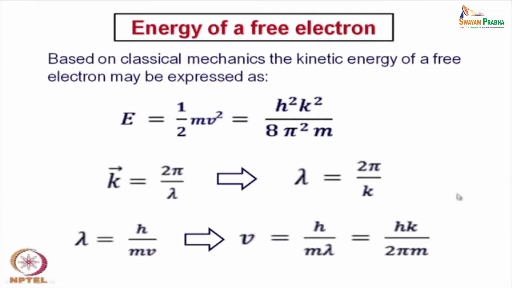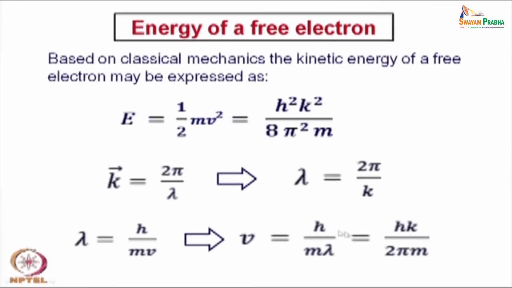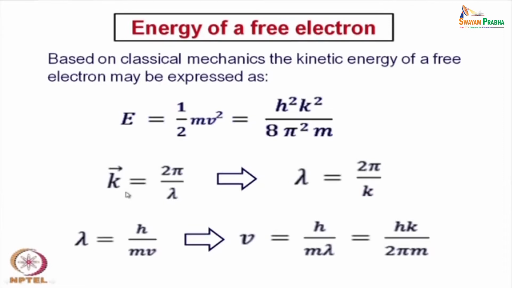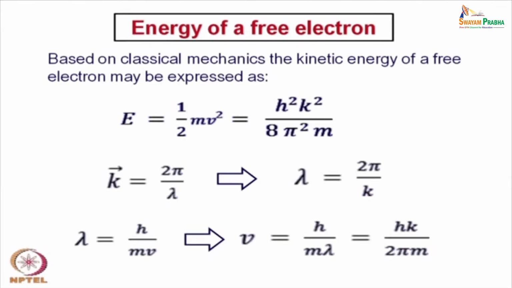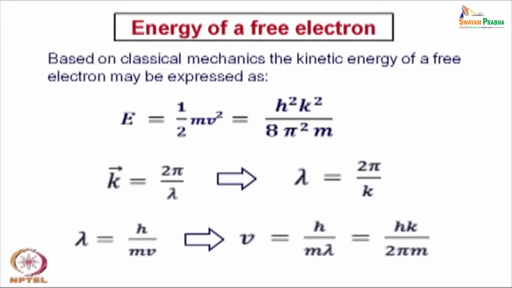So, lambda equals 2 pi by k. This is a vector which is called a wave vector, and it is defined by this. It is the inverse of the wavelength multiplied by 2 pi, or in other words, lambda is 2 pi by k.